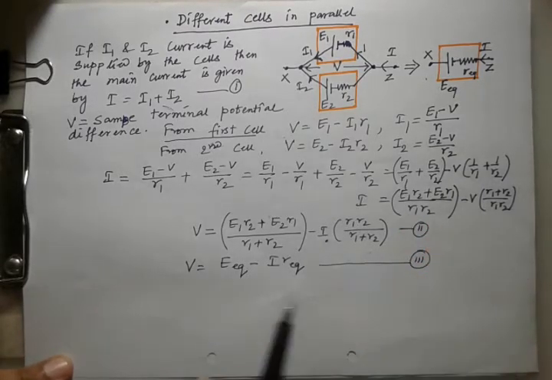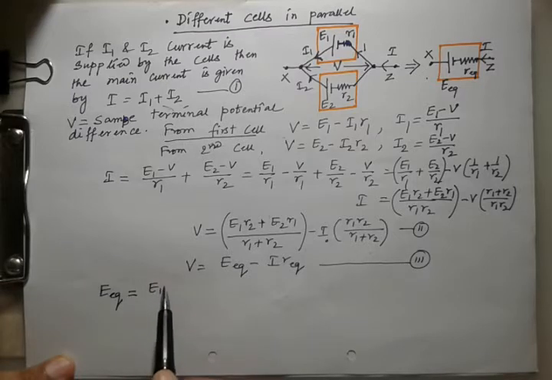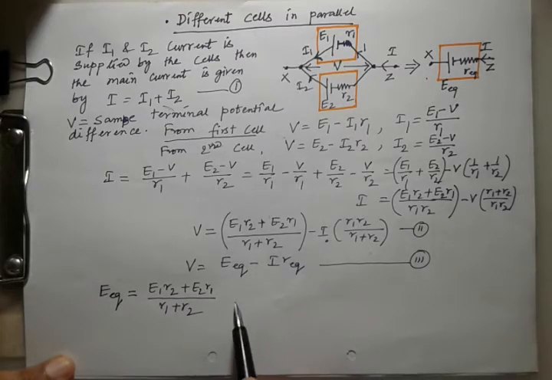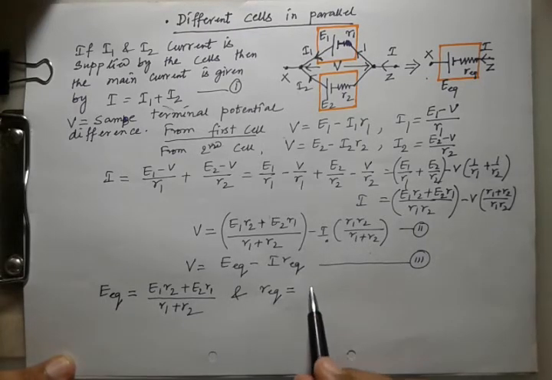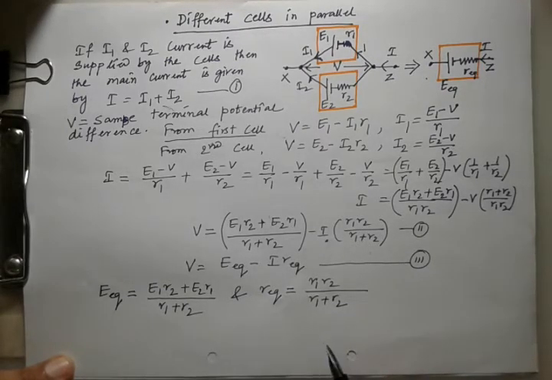So comparing 2 and 3, you can write E equivalent is equal to E1 R2 plus E2 R1 by R1 plus R2, and R equivalent will be equal to R1 R2 by R1 plus R2.